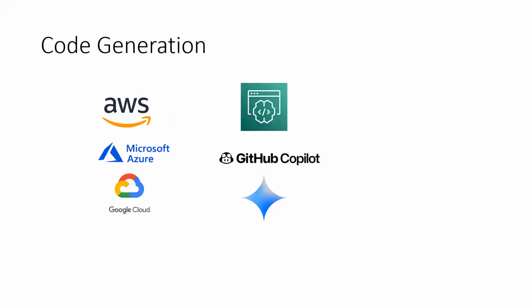Okay, next one is code generation. In AWS, we have CodeWhisperer that generates suggestions and gives you snippets, functions, and all in real time. It's very easy to integrate with any IDE. And GitHub Copilot is again a wonderful code generation service that we have.